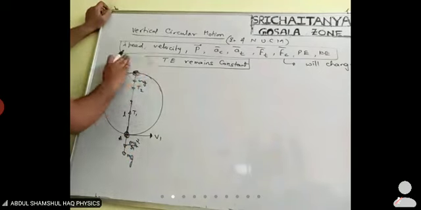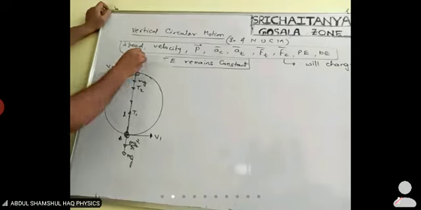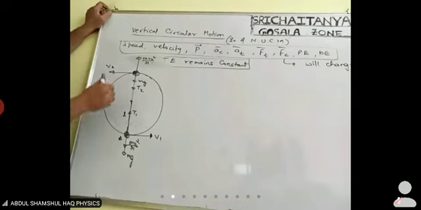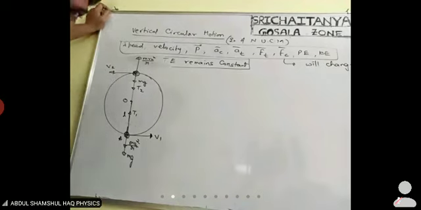Similarly, at this point, if the velocity is v2, the force is mv2 square divided by r. Towards the center, the tension acting is T2 and the weight is mg, and this would be mv2 square divided by r.